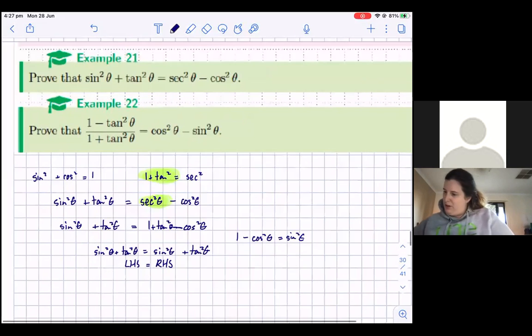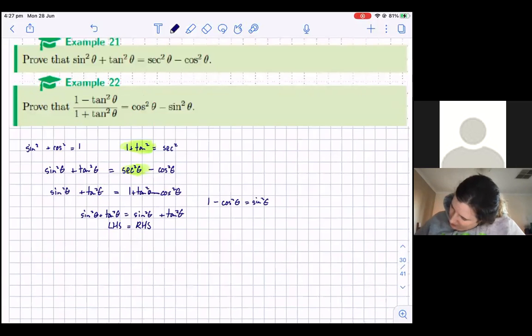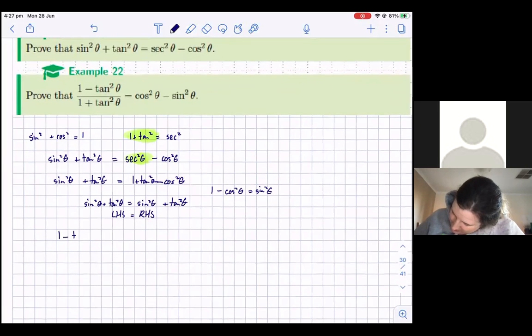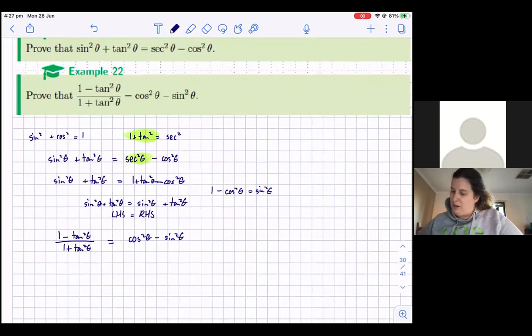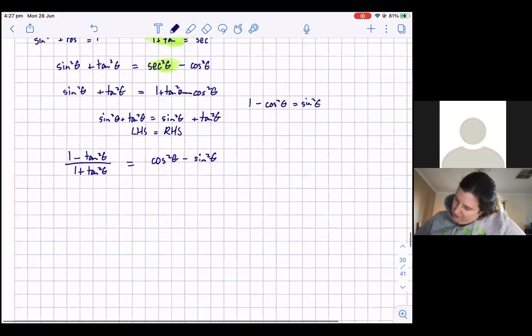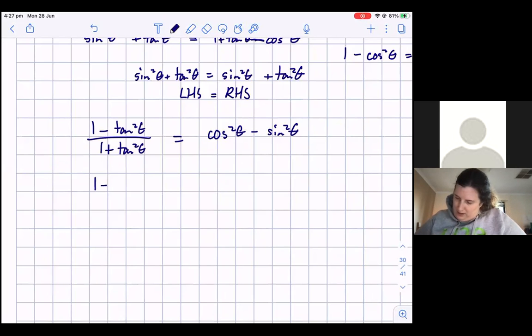Okay, number 2. We've got 1 minus tan squared theta on 1 plus tan squared theta equals cos squared theta take sine squared theta. This time it's going to be much easier to manipulate that fraction. So 1 plus tan squared theta is sec squared theta.